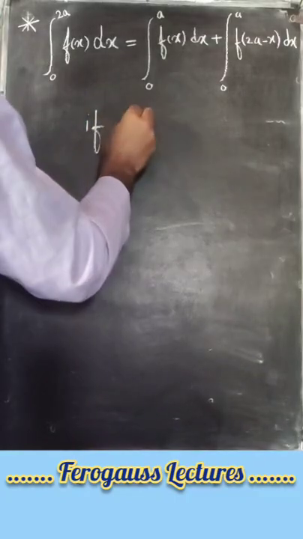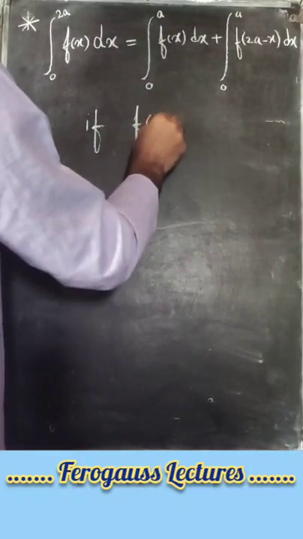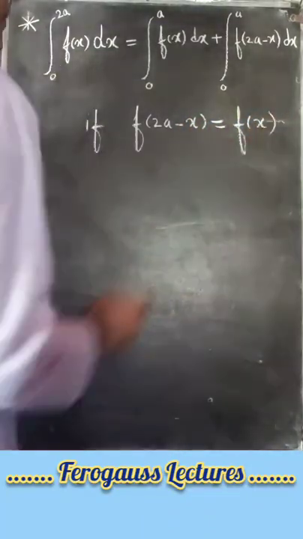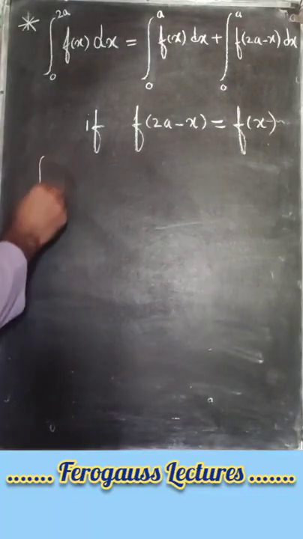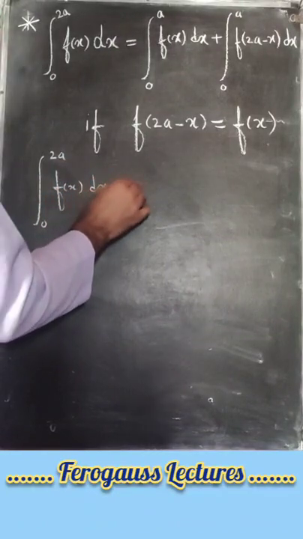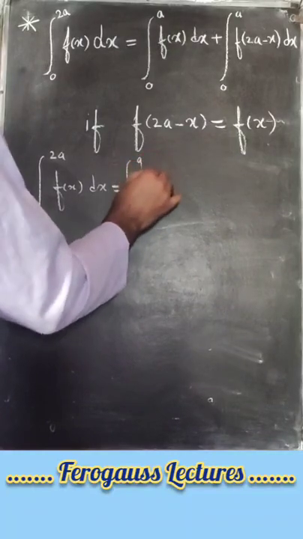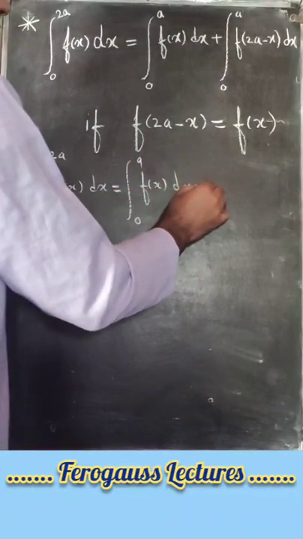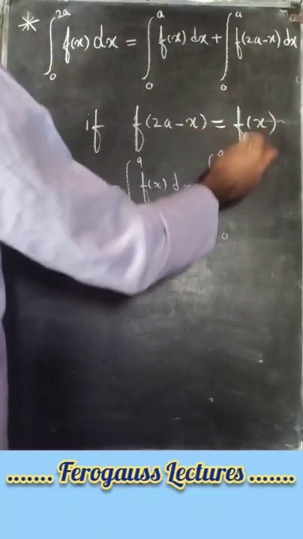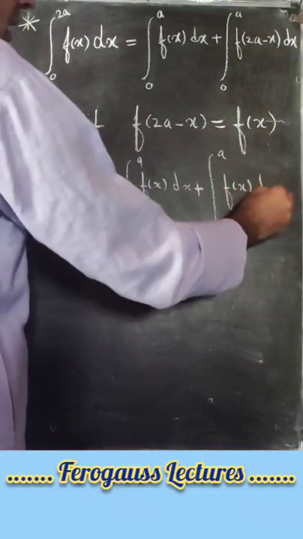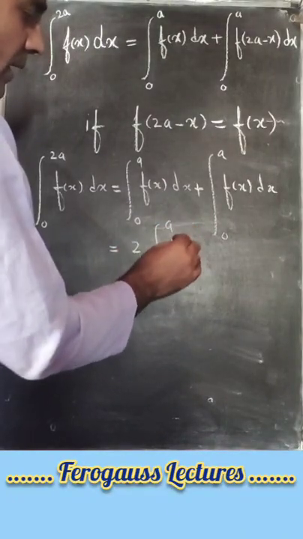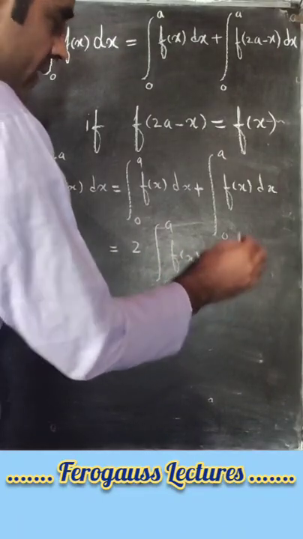If we have f of 2a minus x equal to f of x, then integral 0 to 2a of f(x) dx is equal to 0 to a of f(x) dx plus 0 to a, now instead of f of 2a minus x, we can write f of x dx, which is further equal to twice 0 to a of f of x dx.